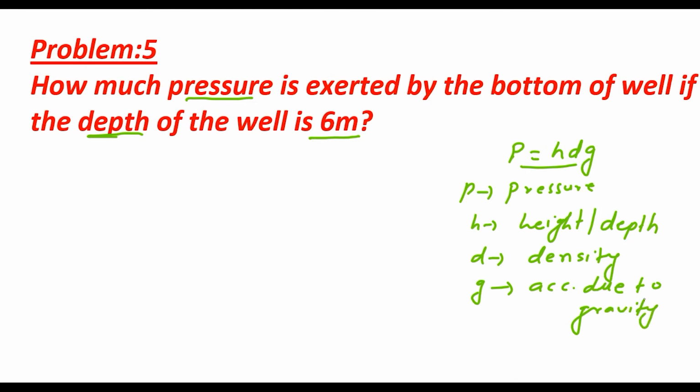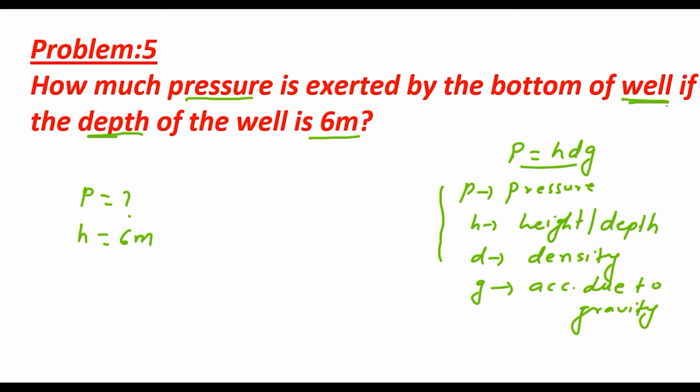So in case of depth we use this formula P equal to h d g. We have to find the pressure exerted by the bottom of the well if the depth of the well, depth means height, is given 6 meter.